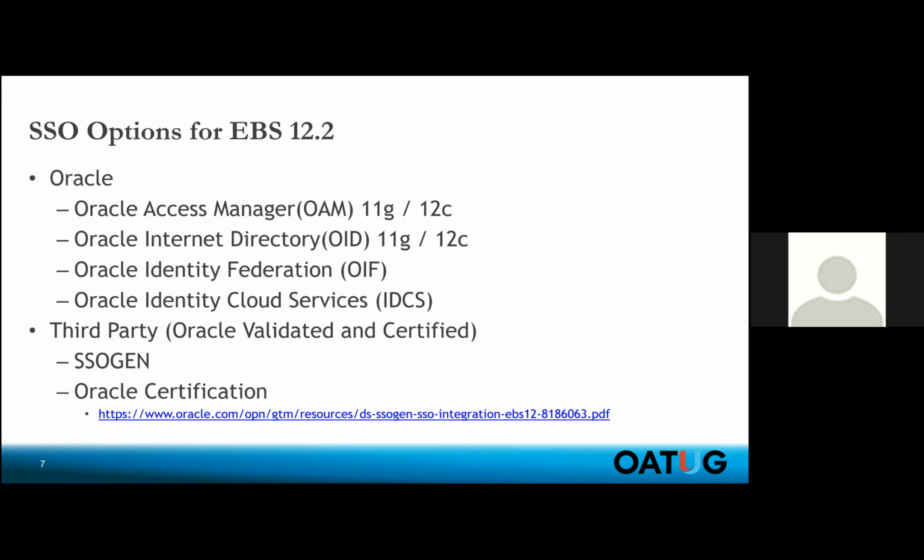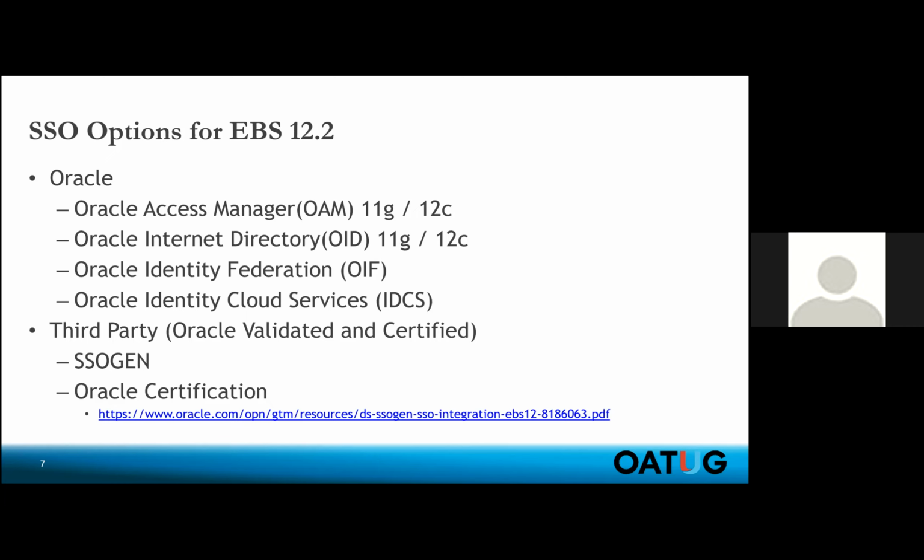And then we also have IDCS, which was introduced I think a couple of years ago, which is the cloud identity service from Oracle. And then the third party, which is SSOGEN, that's us basically.